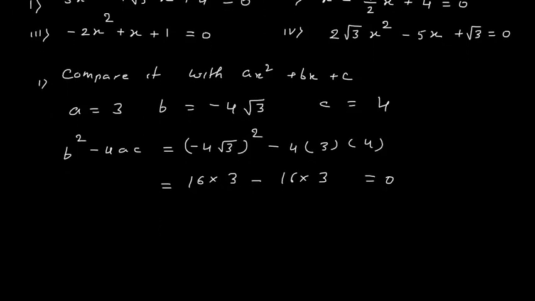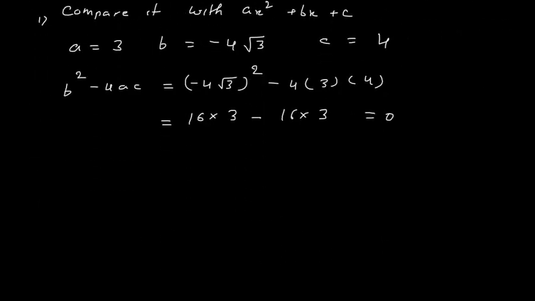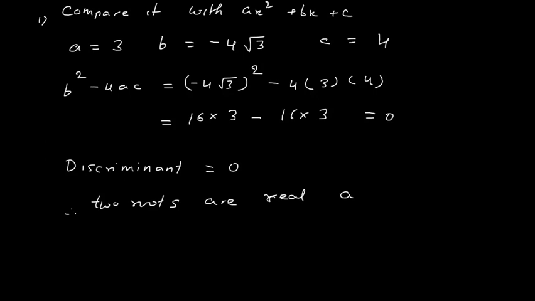So the discriminant is 0, therefore you will say that two roots are real and equal. You can also say that roots are real and equal.